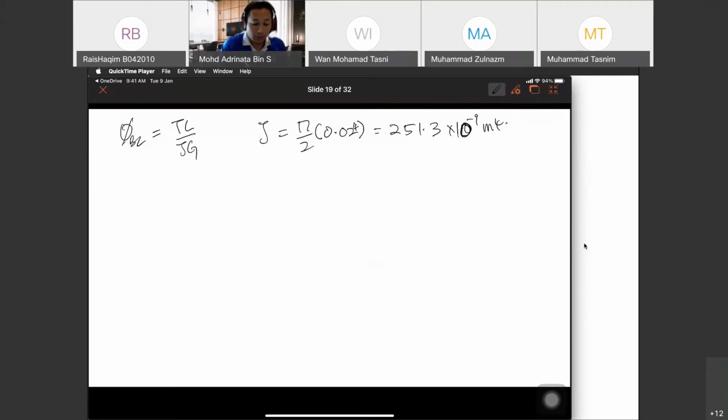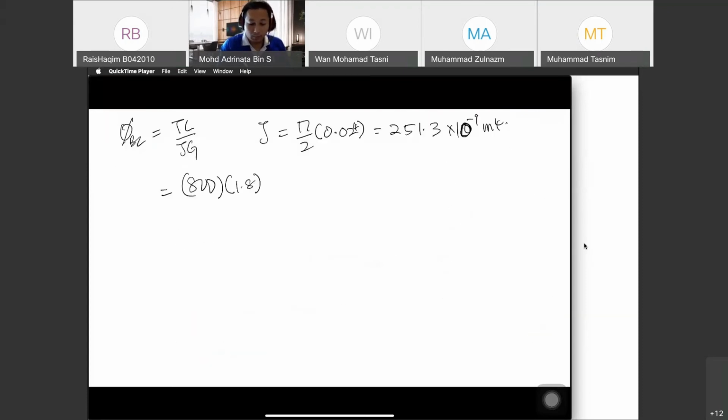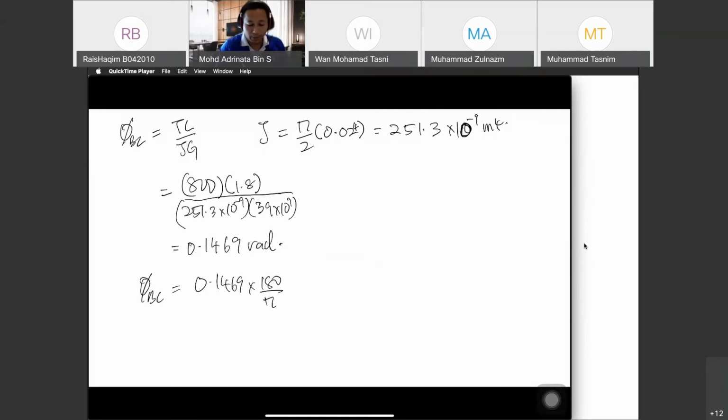So tau BC is equal to 800 Newton meter, L is equal to 1.8 meter, divided by 251.3 times 10 to the power of negative 9 times 39 times 10 to the power of 9 gigapascal. So it is equal to 0.1469 radian. So tau BC is equal to 0.1469 times 180 divided by pi, equal to, calculate it in degrees.